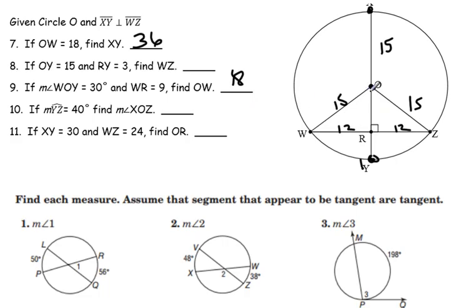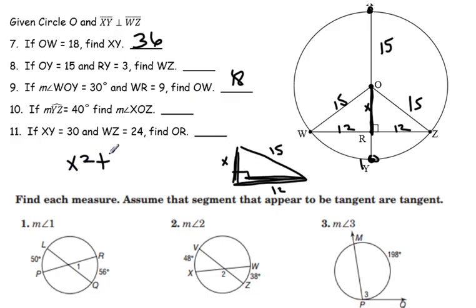And we want to find OR, which is going to be a missing side of this right triangle. So in order to find x, we would use Pythagorean theorem. So we would do x squared plus 12 squared, which equals 15 squared.